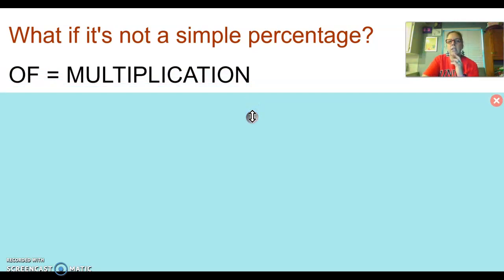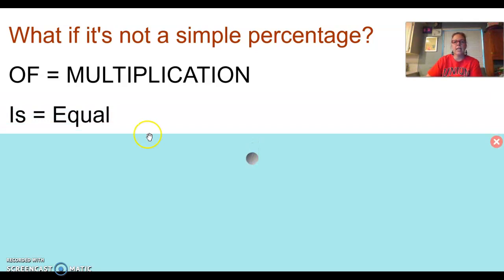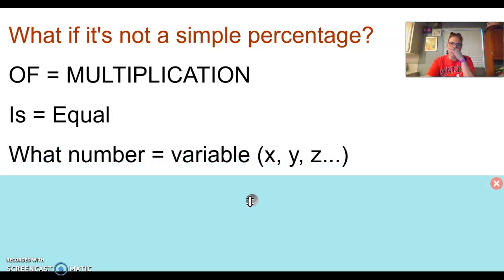So these are some things you need to write down. The word of is multiplication. That means multiplication. So write that. The word is is going to be the equal sign. And I'll explain all this. It may be confusing right now. Whenever it says what number or what percent, that's the variable, the x, y, z.